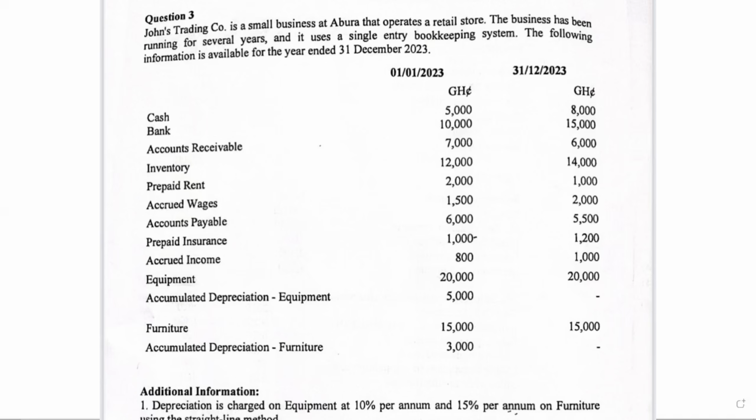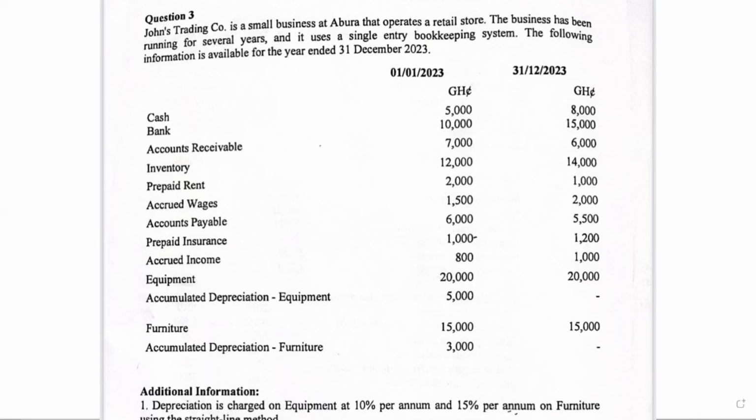John's Trading Company is a small business at Abra that operates a retail store. The business has been running for several years and it uses a single entry bookkeeping system. The following information is available for the year ended 31st December 2023. So these are the balances that are given to us at 1st January 2023 and 31st December 2023.